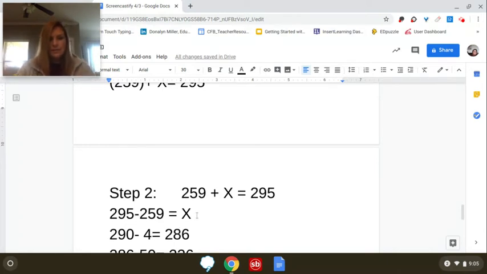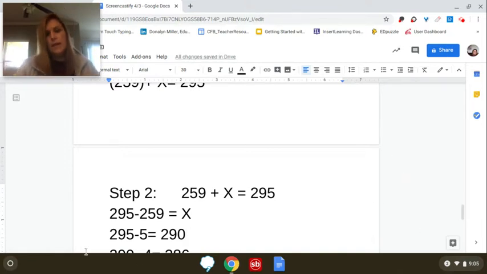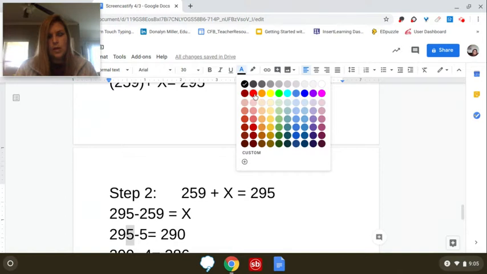259, I guess I left that step off here. So 295 minus 5 will give me 290, okay? And you can see where the only thing that changed is this number right here.